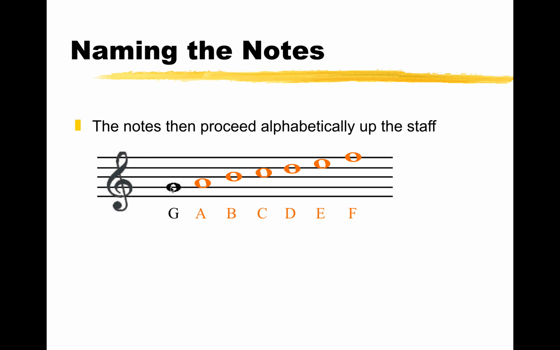And it could go the other direction also. If it goes alphabetically going up, it just goes reverse alphabetical going down. So F, E, D, C, B, A, G. If you wanted to know the note on this space, you would go down one note from G, and that would be F. And if you went down two notes below G, it would be E.